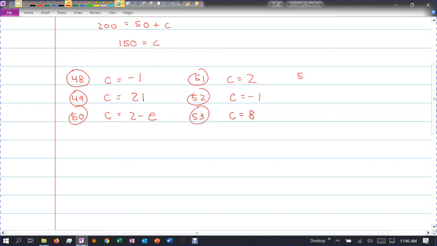And 54, lastly, c is -4. All right. Hopefully you can work through the problems and get to those c's. That'll be good for right now.